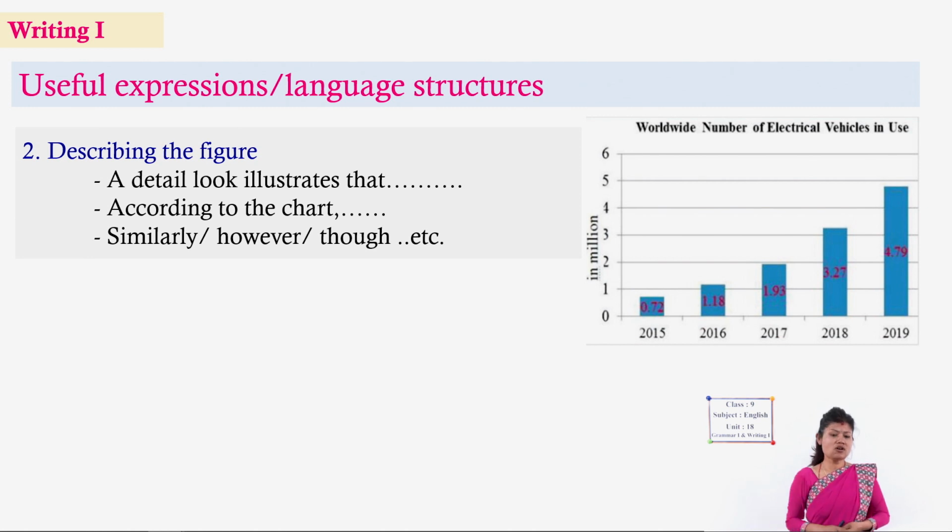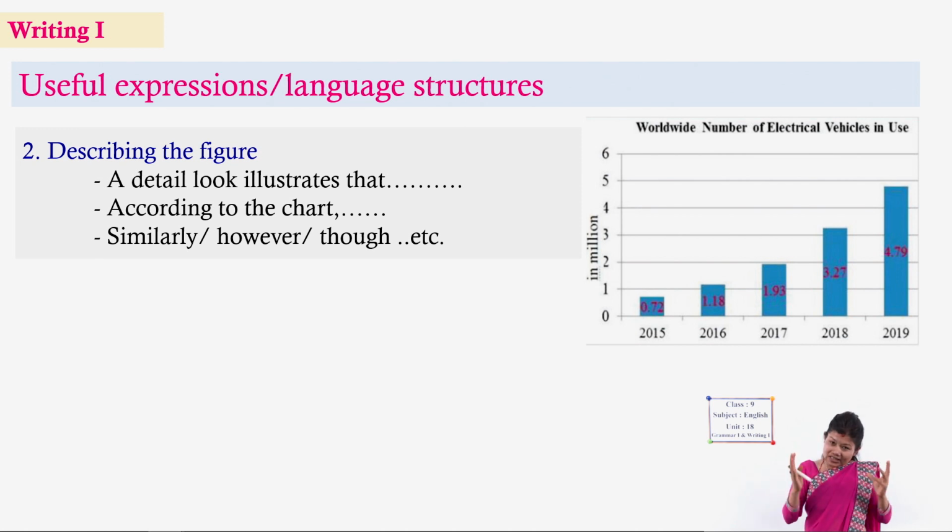Try to make comparison here. 0.72 in 2015. In 2016, it has slightly increased, crossed 1 million, while it was below 1 million in 2015. Then compare 2016 to 17, it has about doubled, and it is slightly increasing. Look at the ratio up to 2019, it is slightly increasing, dear students.